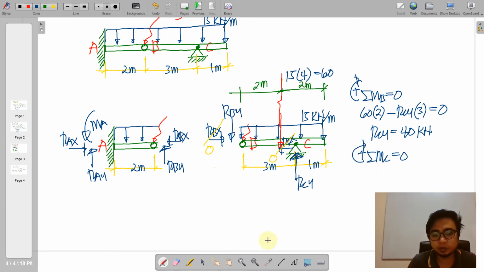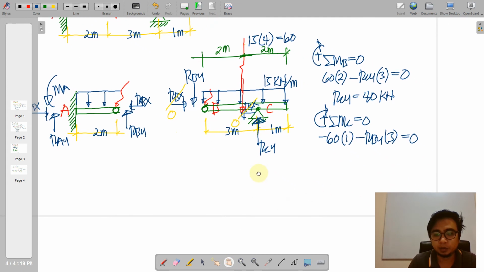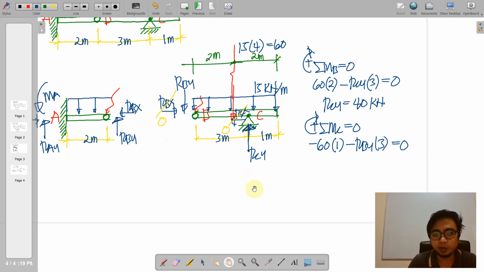We do a similar procedure to that of the other reaction by taking moments at C. So this 60 will have a counterclockwise moment with the moment arm of 1 meter, and a counterclockwise RBY times moment arm of 3. That would be equal to 0. So therefore, RBY shall be equal to negative 20.